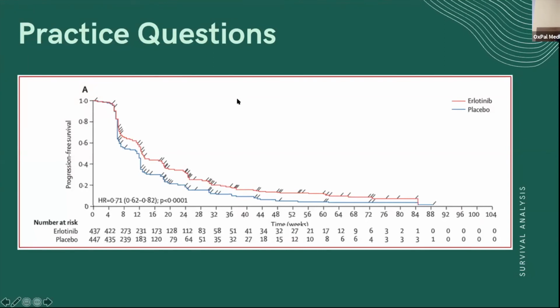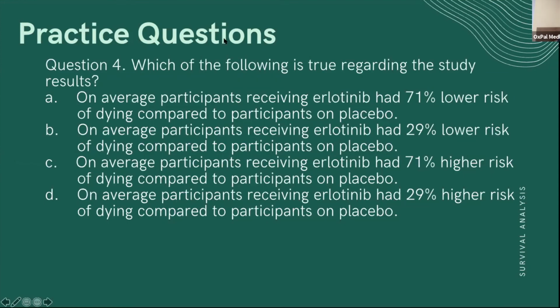And then letter B is 29% lower. Letter C is 71% higher. And letter D is 29% higher. I think I'll stop just in the interest of time. In the poll, the majority said it's letter B, which is the correct answer here.